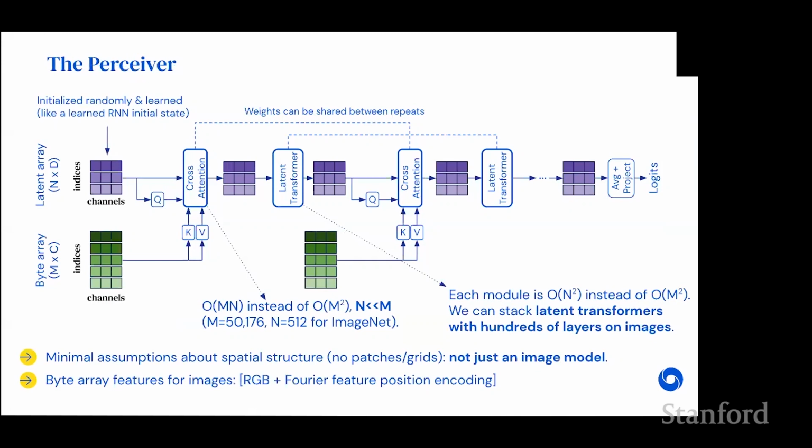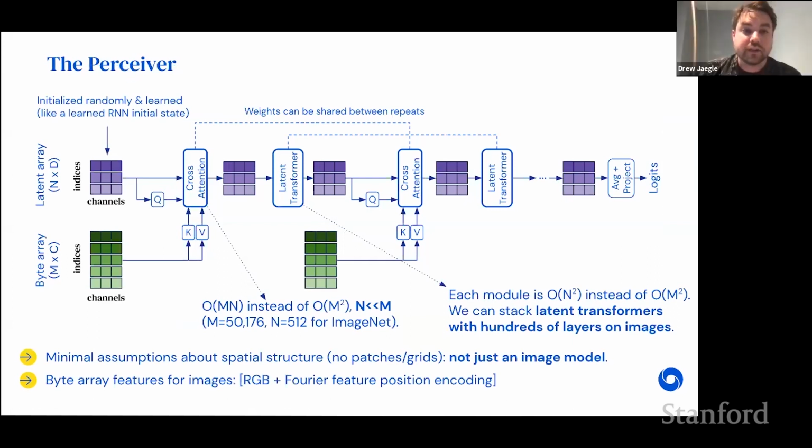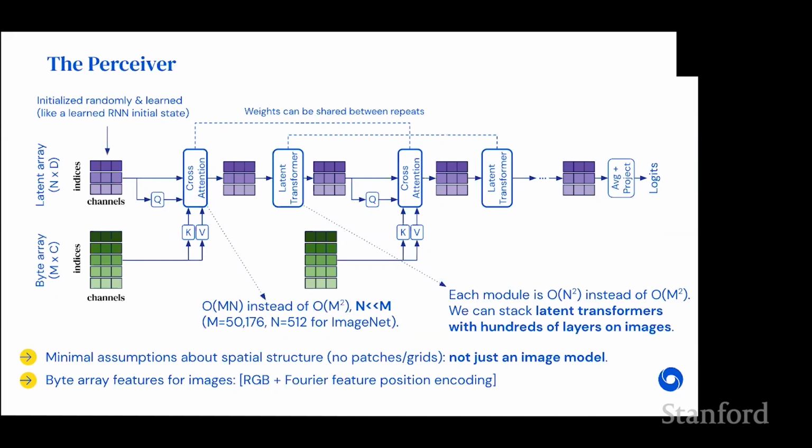Okay, so I have two questions. So the latent transformer is basically a self-attention. Is that correct? Yeah, the latent transformer is a fully self-attentional transformer. Got it. And for the key and value, they flow directly into the cross attention, and there is also the query flowing into it, but the latent array is flowing into the cross attention in parallel to the query.